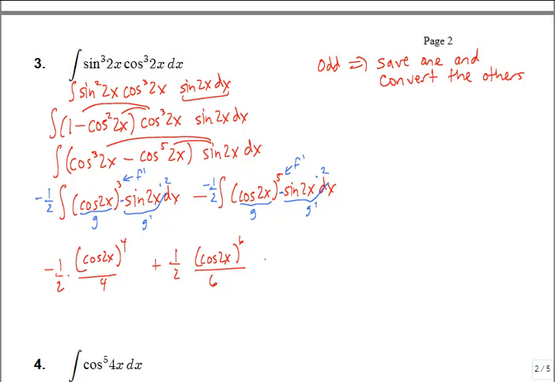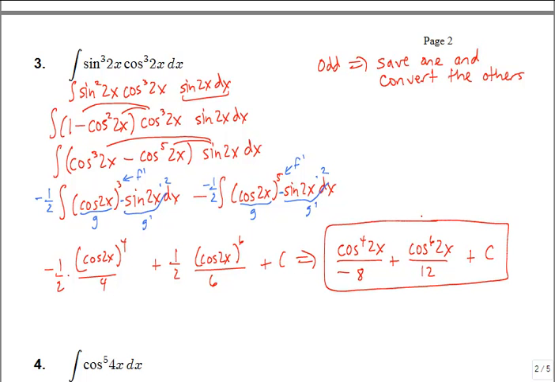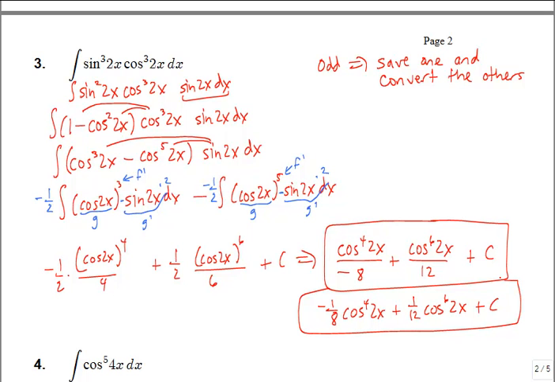And then just cleaning up my constants here, this becomes cosine to the 4th of 2x over negative 8 plus cosine to the 6th of 2x over 12 plus c. You could also write this as negative 1/8 cosine to the 4th of 2x plus 1/12 cosine to the 6th of 2x plus c. Both options are fine.